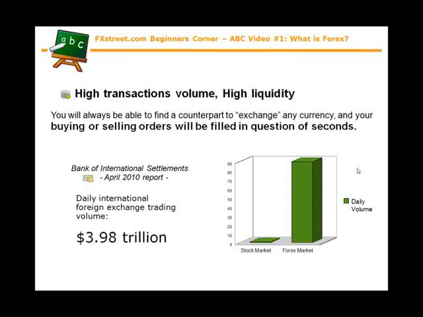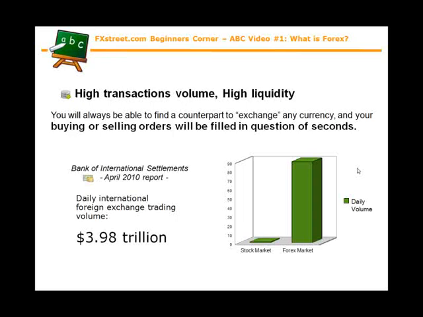The Bank of International Settlements, an international organization which fosters international monetary and financial cooperation and serves as the bank for central banks, published a triennial report back in April 2010 where it states that the average daily international foreign exchange trading volume was about $3.98 trillion per day. This warrants a constant liquidity not seen in any other market across the world.